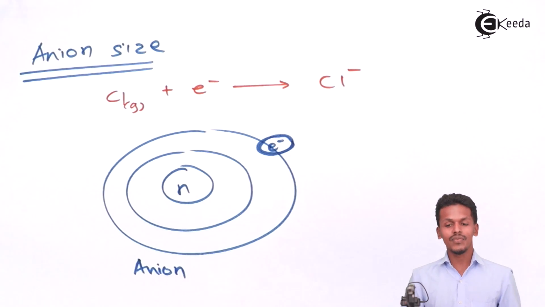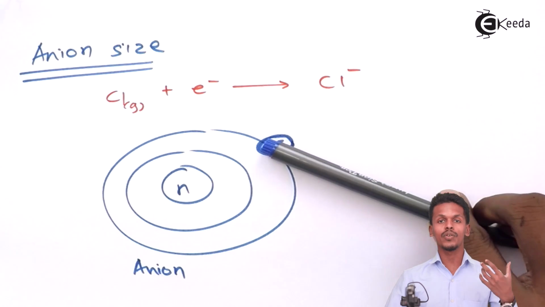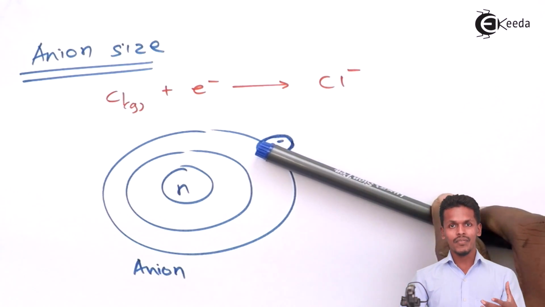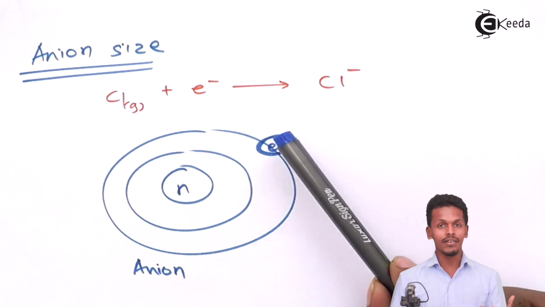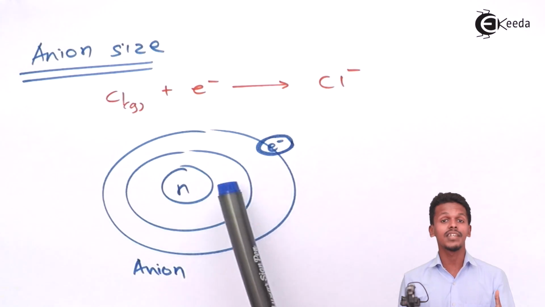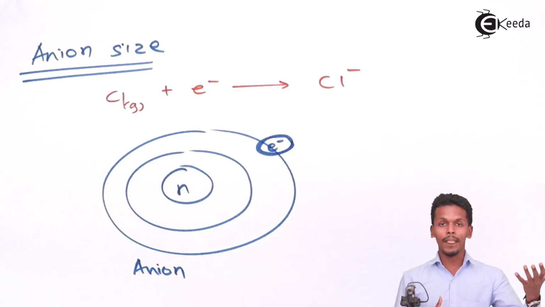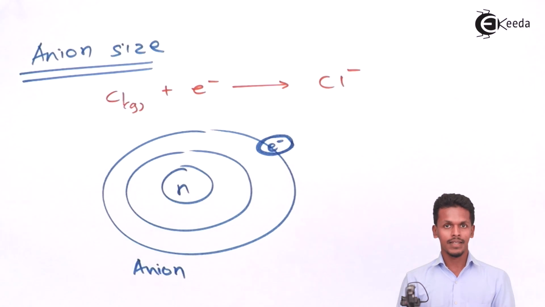Earlier, when the extra electron was not there, the nuclear charge was the same. But when this electron enters, it creates repulsion between the other electrons present in this shell or in the inner shell. Because of this, the effective nuclear charge becomes less.